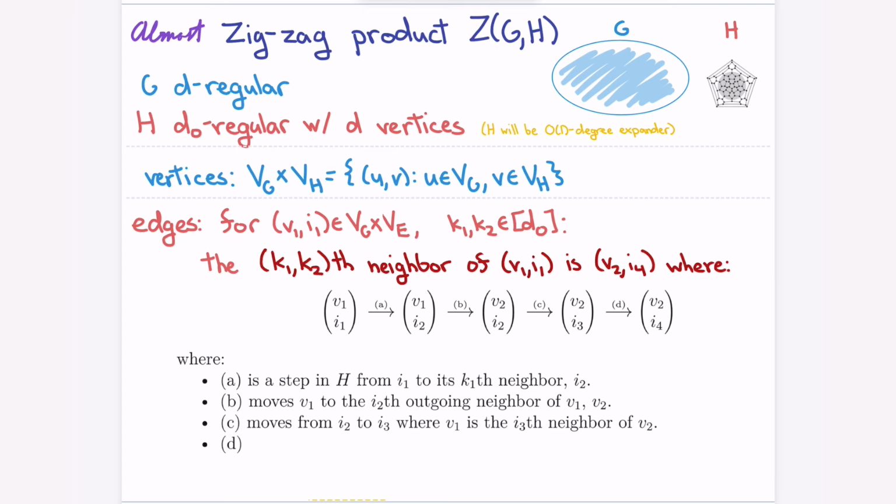And so that will be I3. So you're going to teleport in H to I3. You're going to use the H to first move in G, and then you're going to use your movement in G looking backwards to move in H and teleport in H. And then you're going to take one more step in H.